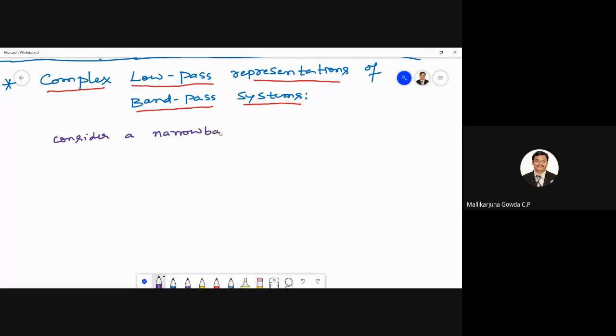Narrowband and bandpass are interchangeable. So the narrowband signal is denoted as S of t, and its Fourier transform will be S of f.